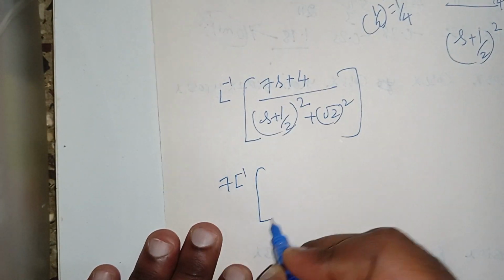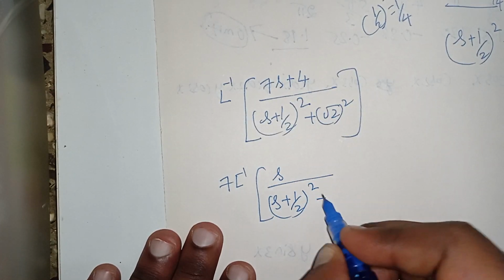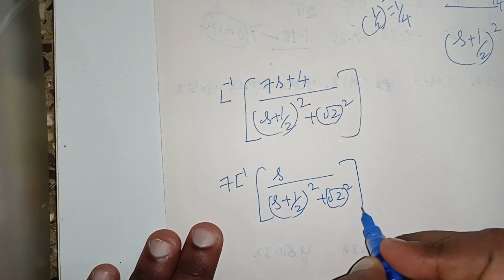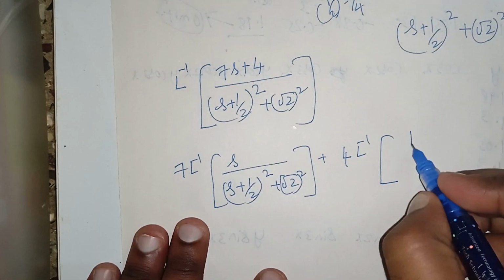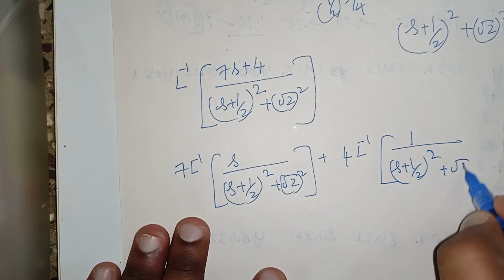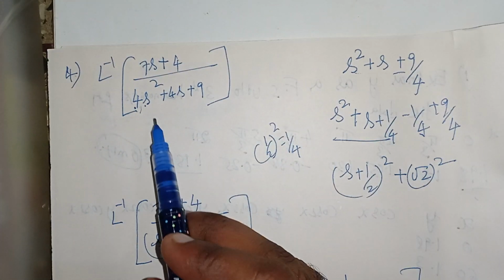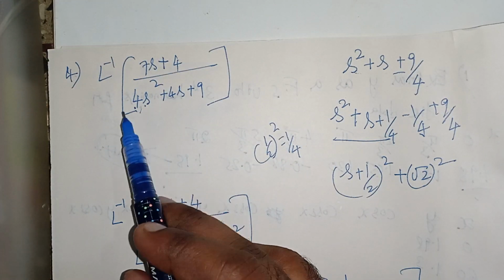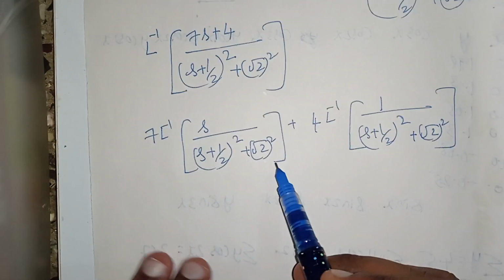7 into L inverse of s divided by s plus half whole square plus root 2 square, plus 4 into L inverse of 1 divided by s plus half whole square plus root 2 square. So basically I have applied completing square. I made the coefficient of s square as 1 by dividing it by 4 and I followed the same procedure.